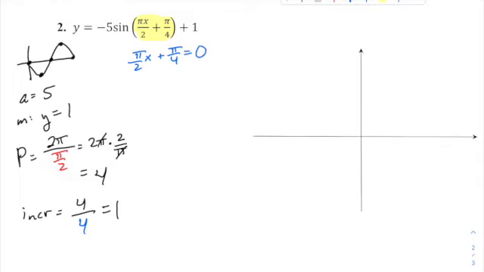And when I set that equal to 0, I'm going to subtract pi over 4 first. So I have pi over 2x equals negative pi over 4. Then I'm going to multiply by 2 over pi to solve for x. I'm going to multiply by that reciprocal, or in other words, dividing by pi over 2, if you will.